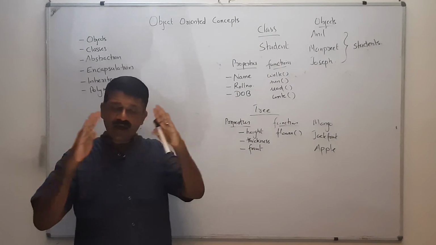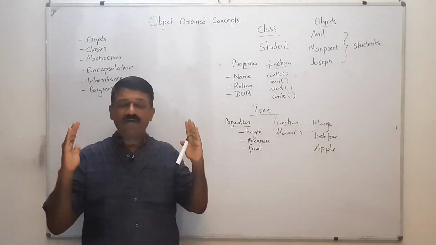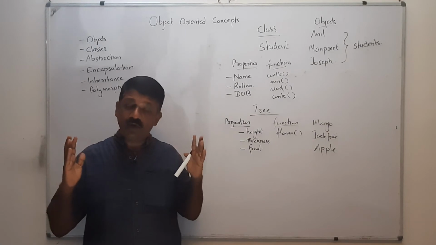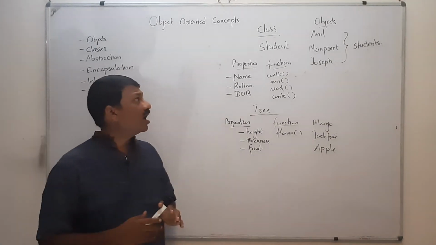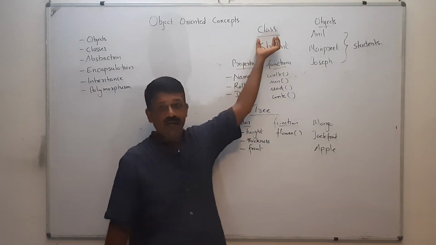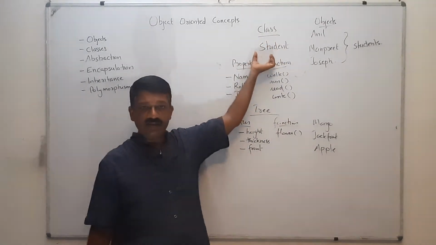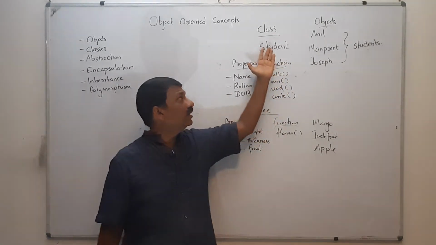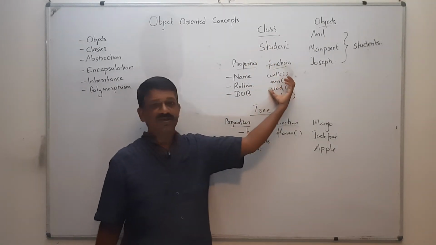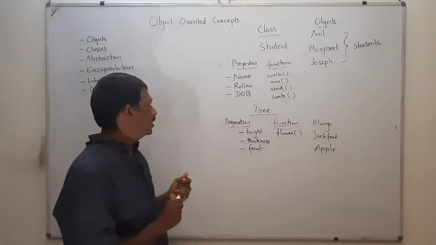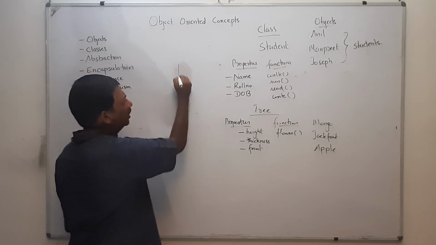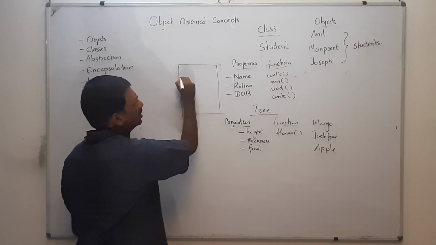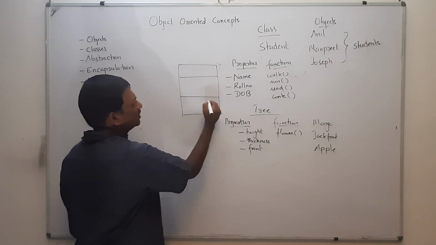Class means you can classify or you can have a group of objects which are sharing some properties, and that is called a class. And a class has got a class name, and it has got some properties, and it can do something that is called functions. So this is the representation of a class.